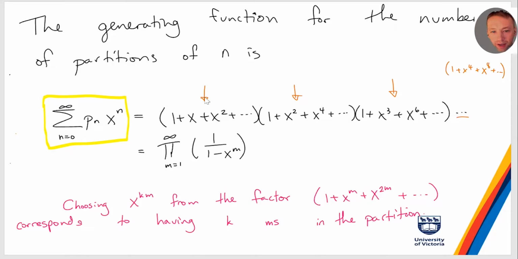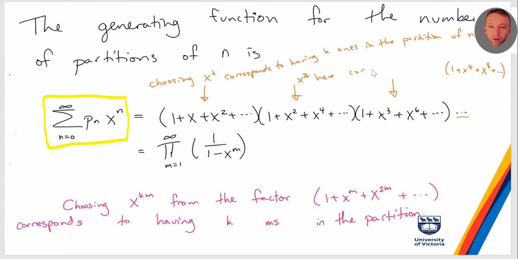And if I pick, let's say, x to the k from the first factor, that corresponds to having k ones in the partition of n. So if I choose an x to the k here, that corresponds to having k ones. Here I'm either going to choose x to the 0 or x to the 2 or x to the 4, and choosing x to the 2k here corresponds to having k 2s.